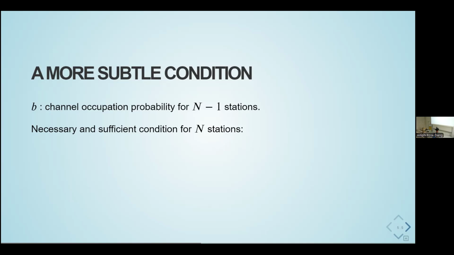So you've got this parameter B. What's the necessary and sufficient condition to be stable for n stations? No, no one. B smaller than alpha.